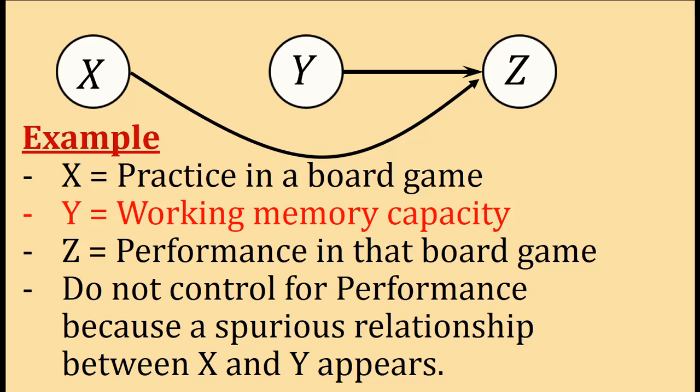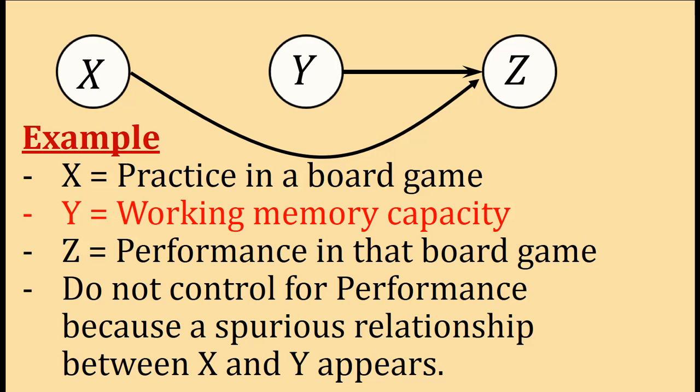Now, think about it. People who practice a lot should have lower working memory capacity if they achieve the same level. Because if they have a large working memory capacity, they should be performing at a higher level.